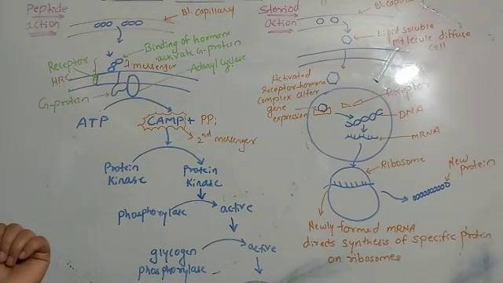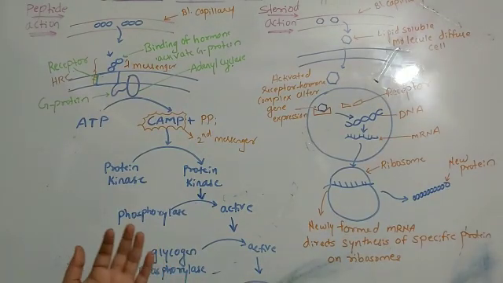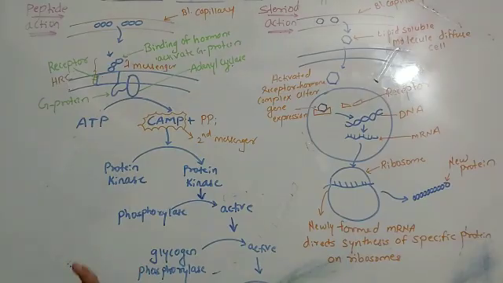The adenyl cyclase present in the cytoplasm is inactive and converts into active adenyl cyclase, bringing about the conversion of ATP into cyclic AMP, and that cyclic AMP is the second messenger of the peptide actions here. So this is how the peptide action is brought about.